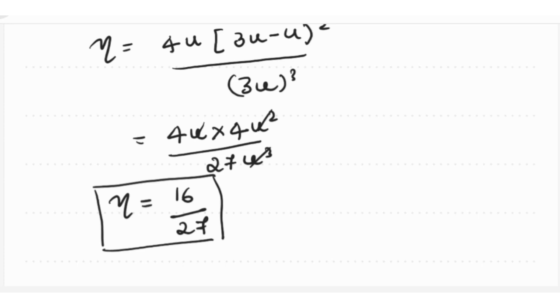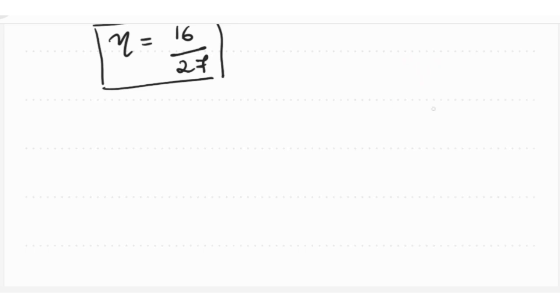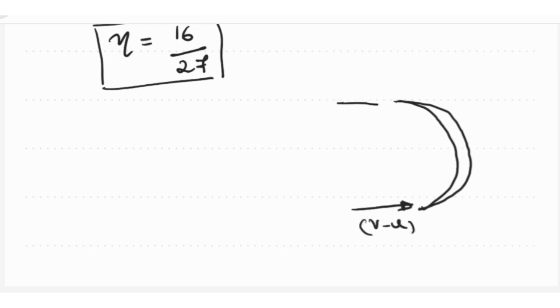So if you move to the 58th question, the small change in that question is that water will be striking with a velocity v minus u tangentially, and it will be getting reversed in this direction with a velocity v minus u. So only the figure is changed.